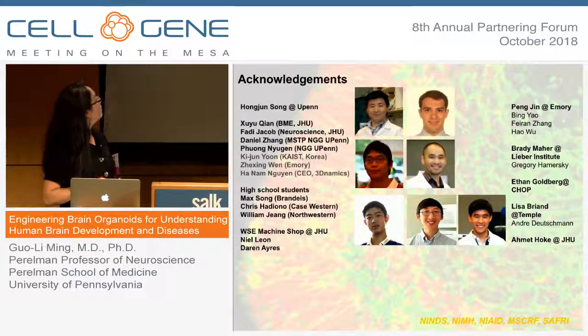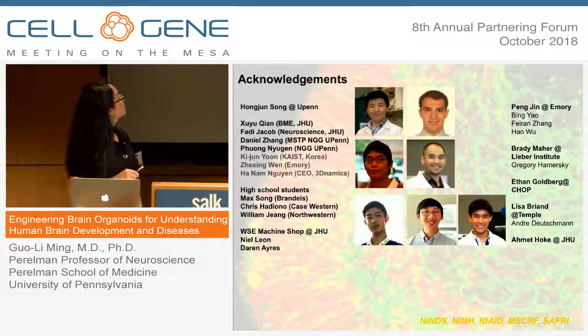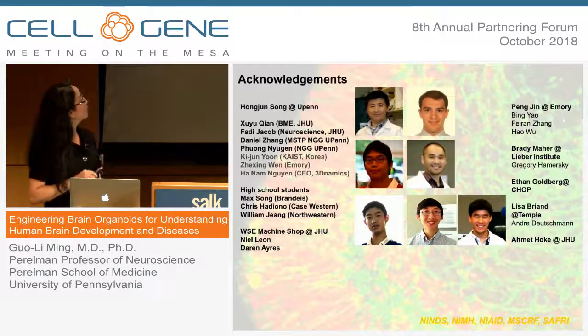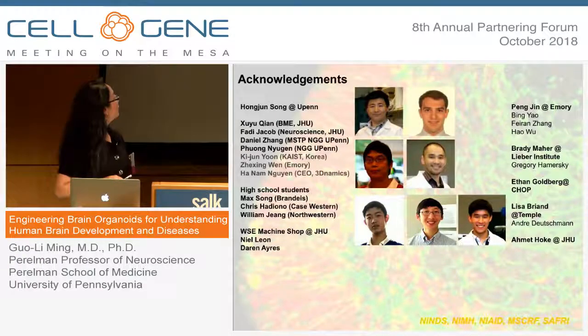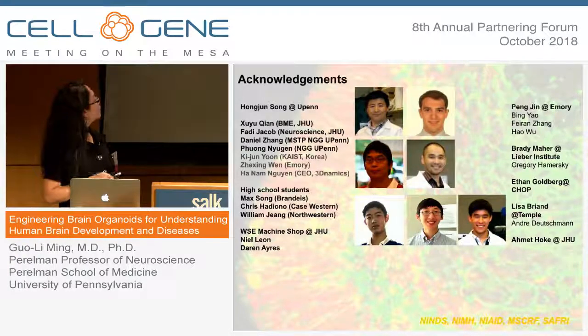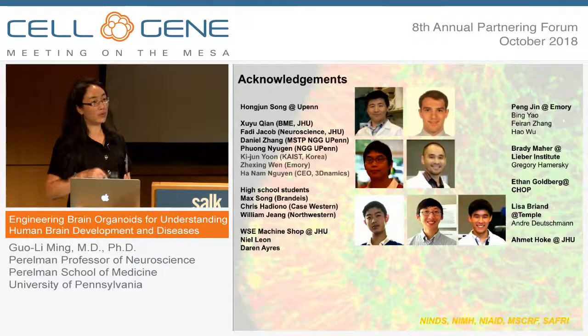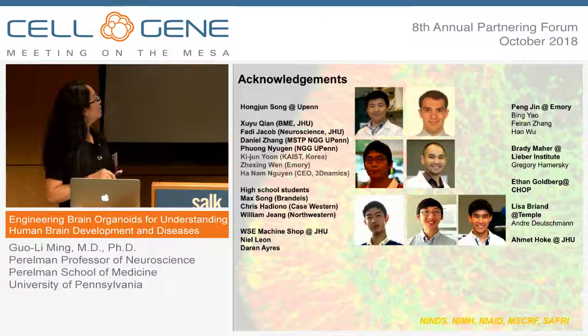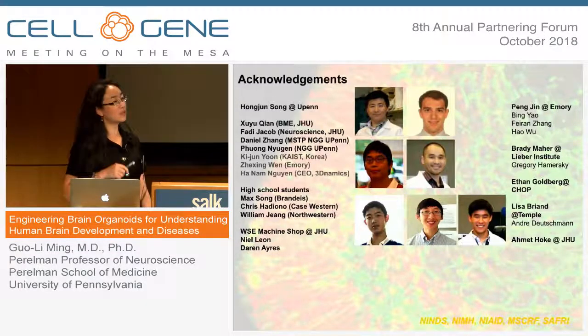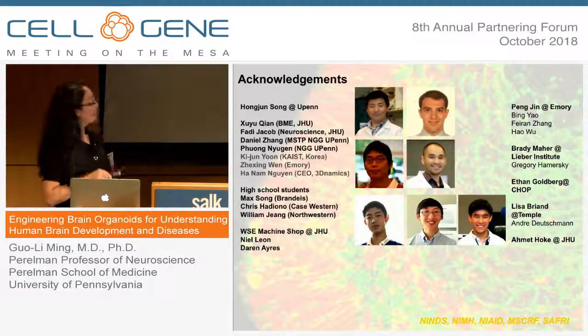And Nam was a graduate student, also important for this project, but now he's the CEO of a company in Maryland. And I also mentioned that the spinning bioreactor was actually designed by 3 high school students when they worked in the lab in the summer.